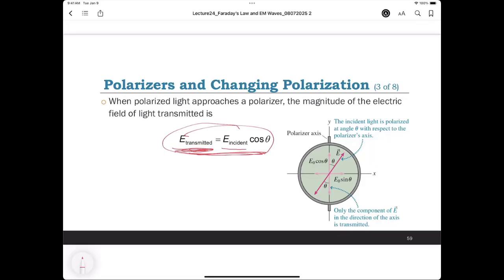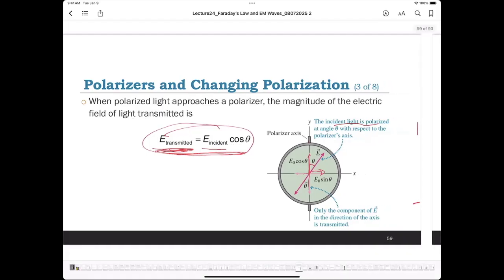You can see the incident light is polarized at angle theta with respect to the polarizer's axis. This is the polarizer axis. Only the component of the electric field in the direction of the axis is transmitted, and this other component will be absorbed. Okay, let's continue.